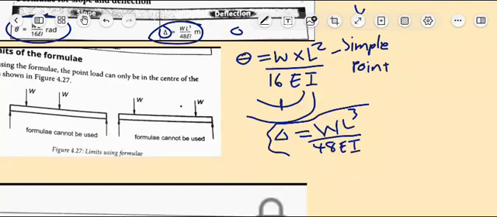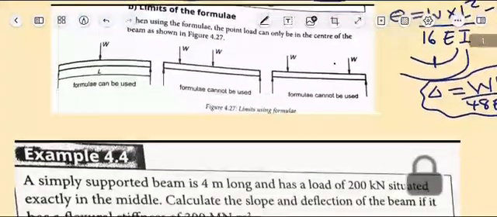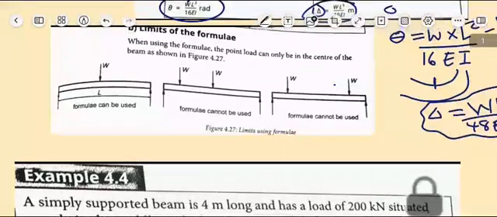This is how we calculate the deflection. Remember, the point load must always act in the middle of the beam, always in the middle. So we'll use those formulas, and the formula here can be used for such cases.